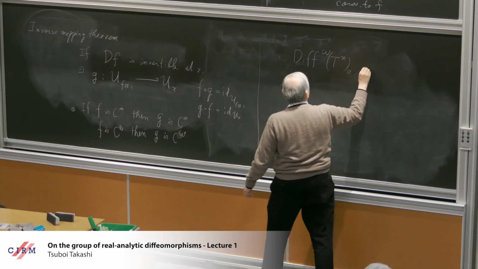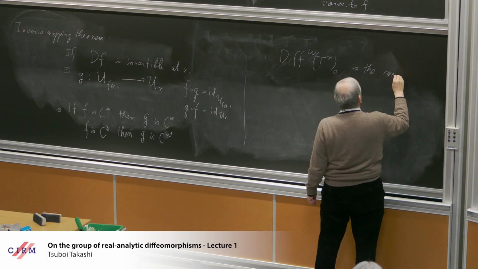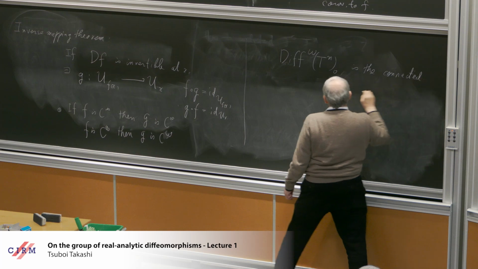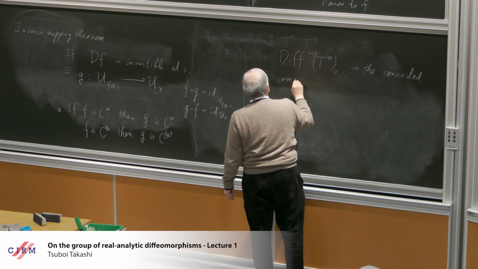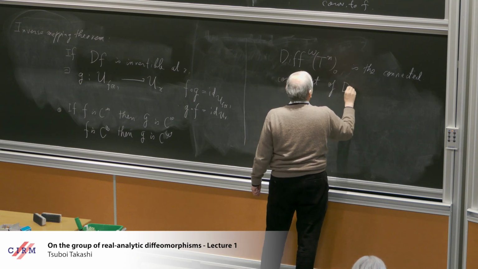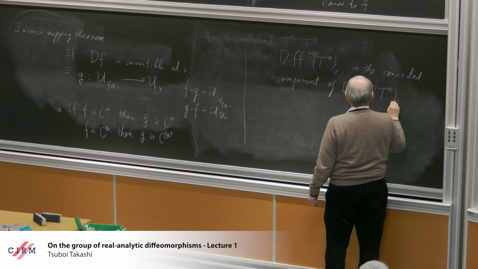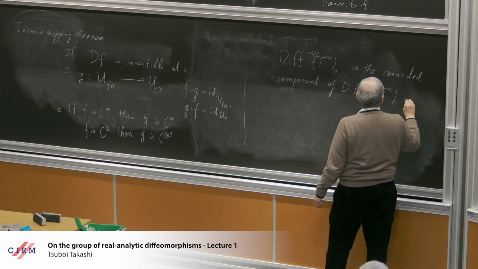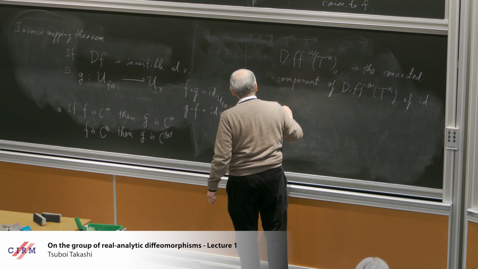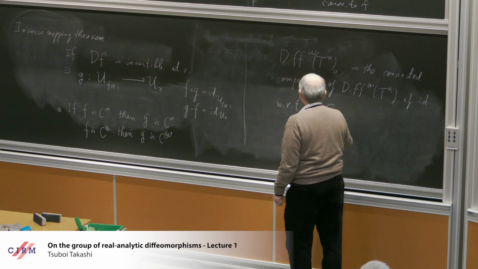This 0 means the connected component of Diff^ω(T^n) of the identity with respect to the C^r topology.